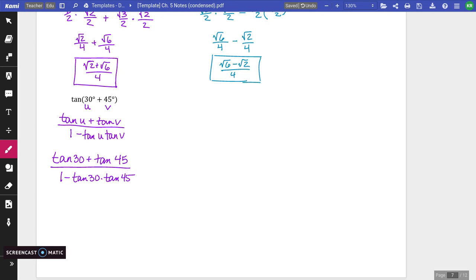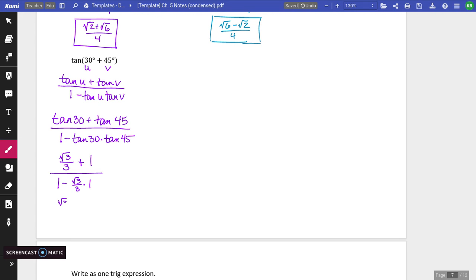Tangent of 30 degrees is root 3 over 3 plus tangent of 45 is 1. Then 1 minus tangent of 30 is root 3 over 3, and tangent of 45 is 1.